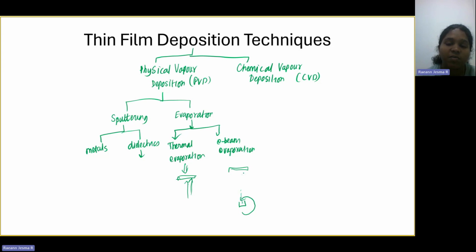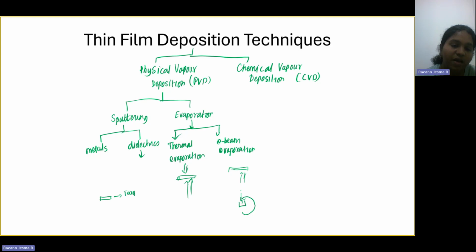In sputtering, what happens is you will have argon plasma, and you will have your target here. This target will have the material that you want to deposit. Your substrate will be present here.